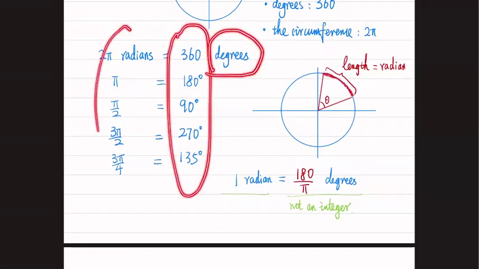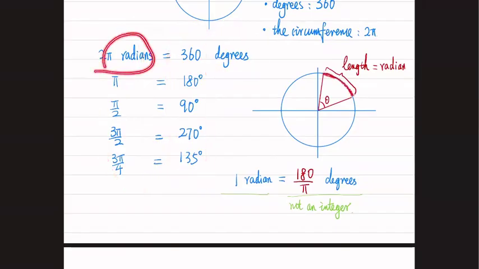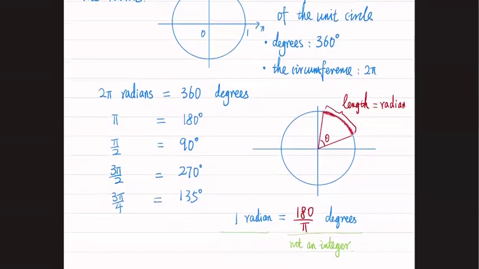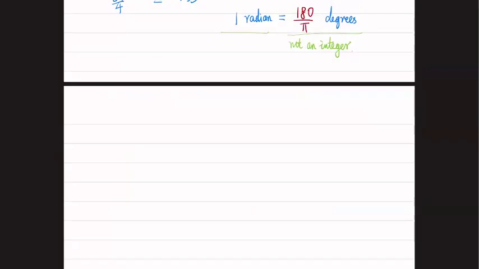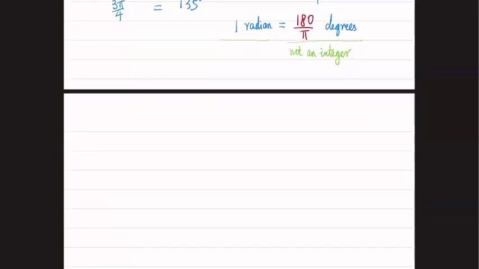But in the future, we will rely more and more on the radians, because the radians are referring to the length. It's more measurable. The degrees is kind of arbitrary. So, let's complete the following table.